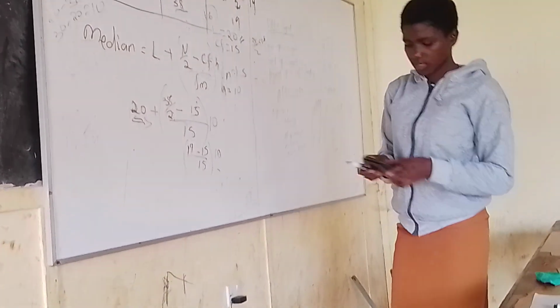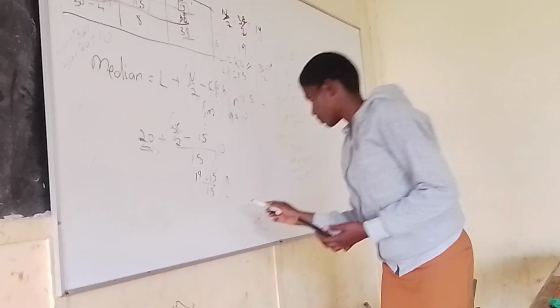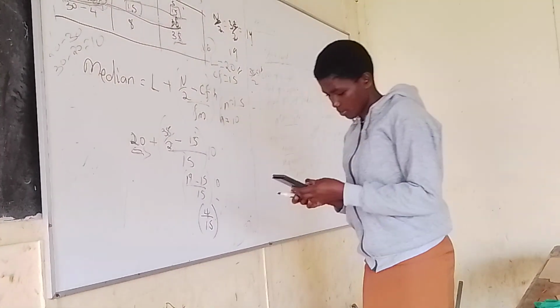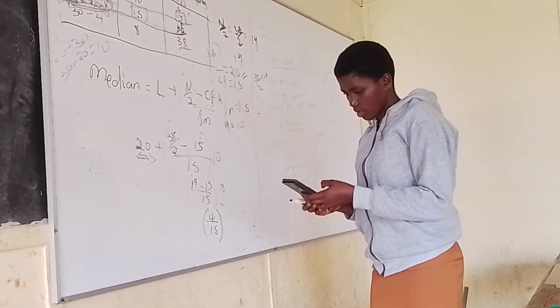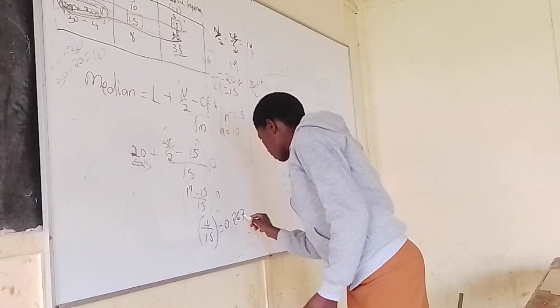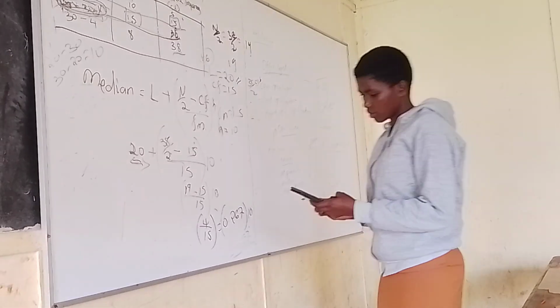Then you take 19 minus 15, you get 4. Then 4 divided by 15, you get 0.267. Then you times 10, you get 2.67.